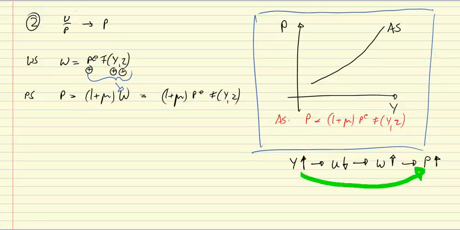Is the labor market in equilibrium at any point along this curve? No. The labor market is in equilibrium only where prices are equal to expected prices and output is equal to the natural level of output.